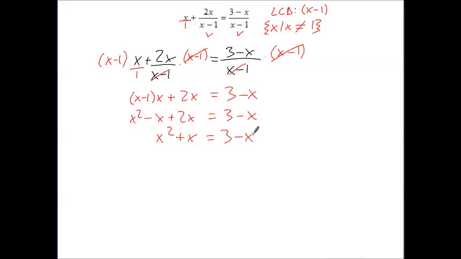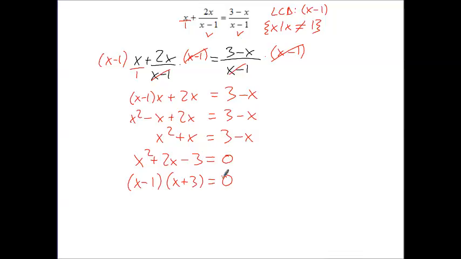Now I'm moving everything to the left one more time to get x squared plus 2x minus 3 is equal to 0. And this we can factor. x minus 1 times x plus 3 is equal to 0.